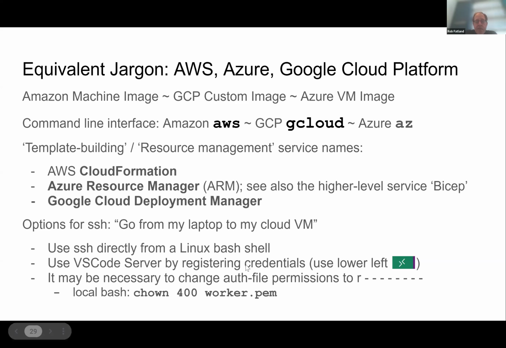But once that was set up, I was able to select the IP address of the machine I wanted to connect to, using that lower left greater than less than button. And I'll just mention that sometimes in working with these authentication key pair files, Linux likes to have them with permission of read-only for the user. So there's a chmod command that can come in handy. Just mention that in passing.